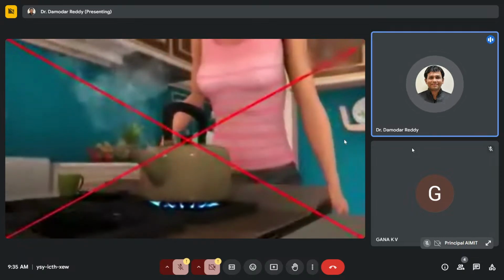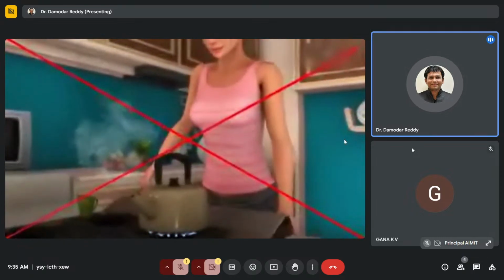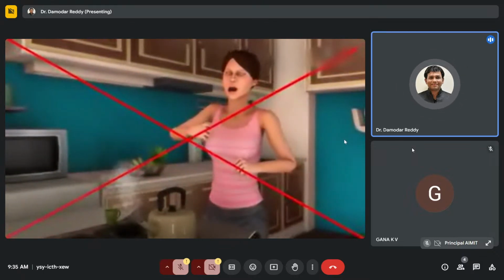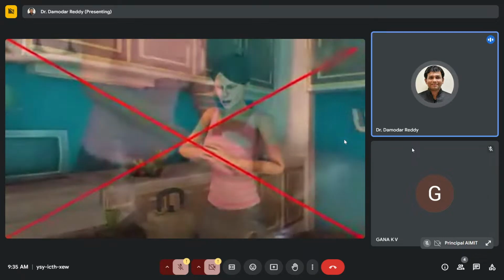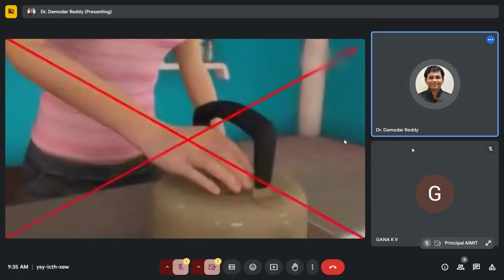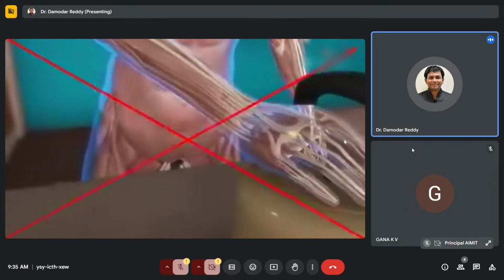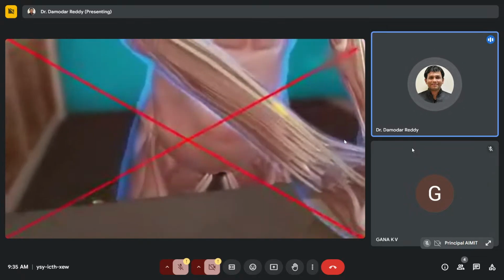If a person unknowingly touches a hot object like a kettle, she immediately pulls back her hand. Why does she do this? This happens as the receptors present in the fingers sense the heat from the kettle.